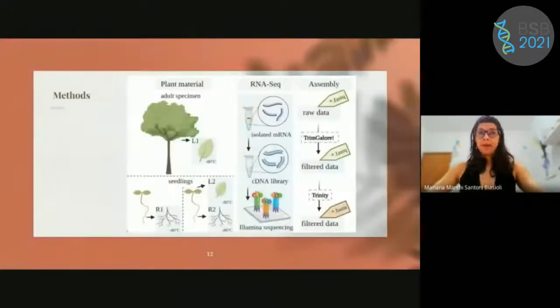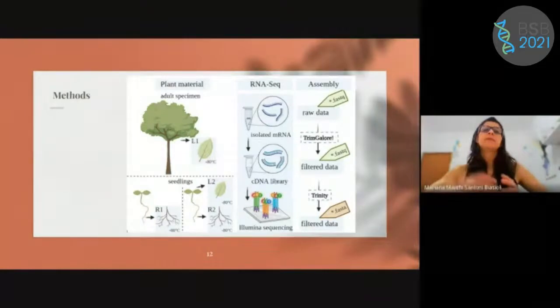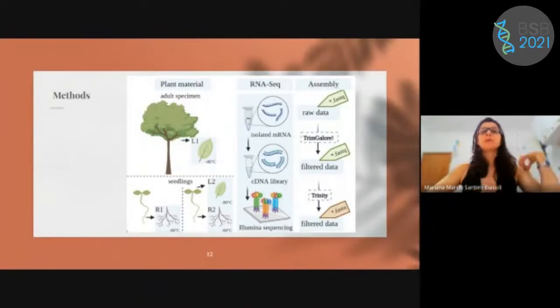To do that, first, the total RNA from leaves and roots samples was isolated and the cDNA libraries were prepared. These libraries were submitted to next generation sequencing, and after sequencing, the raw data was assembled using Trinity.